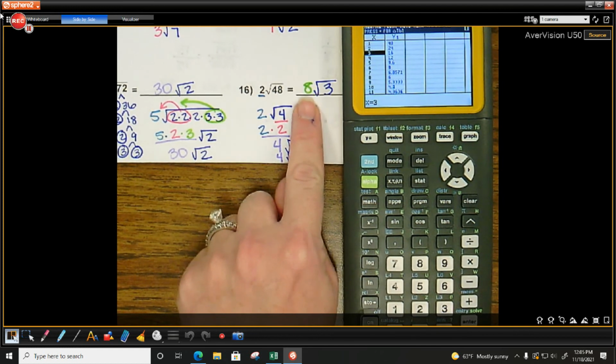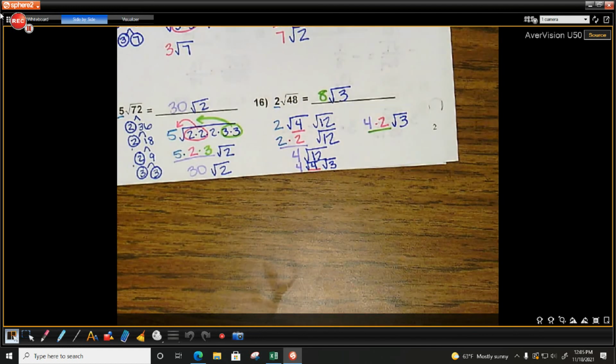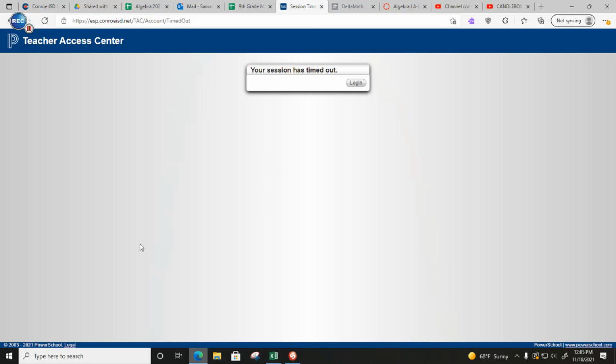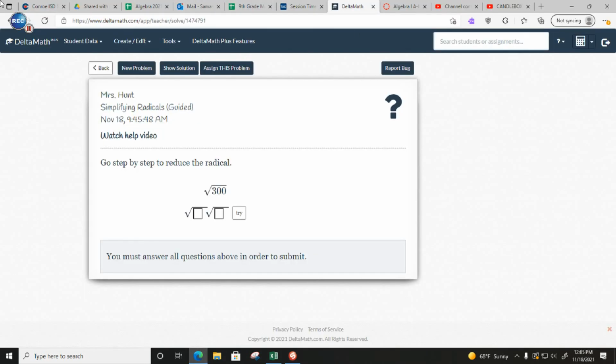Okay. I am now going to pull up some of our Delta Math problems. Okay, I strongly suggest we pay attention. There's two sections on simplifying your radicals. This one is the one that says guided, okay?